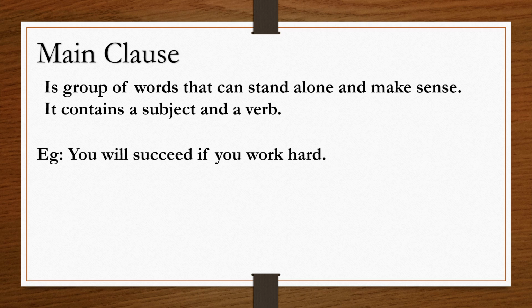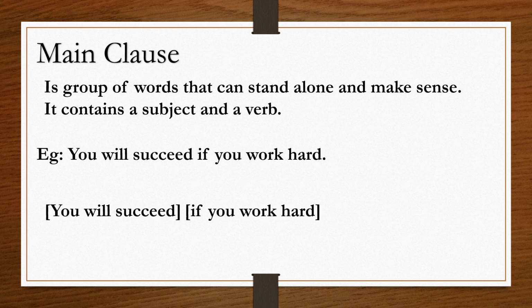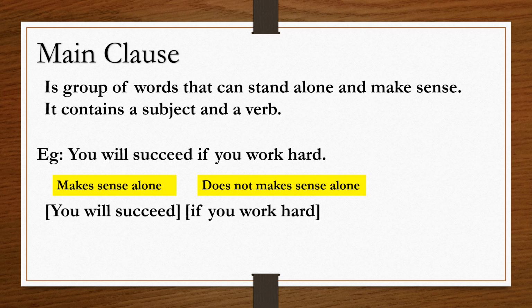Now, if we divide this sentence into two groups, such as "you will succeed" as one group and "if you work hard" as another group, we can see that one group of words can stand alone and make sense, and the other group of words does not stand alone and make sense.